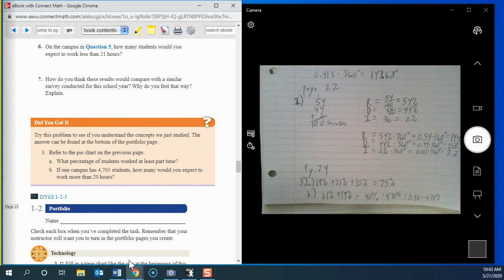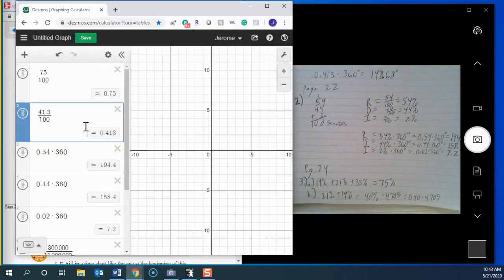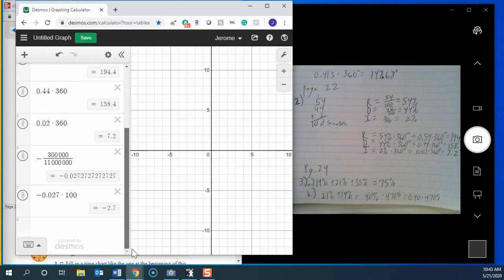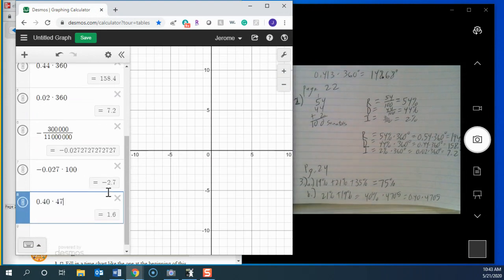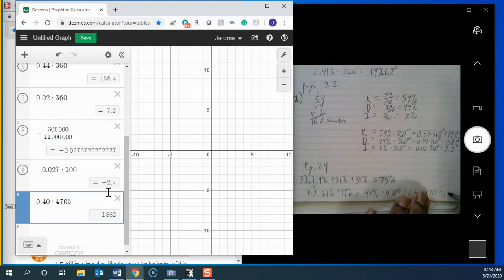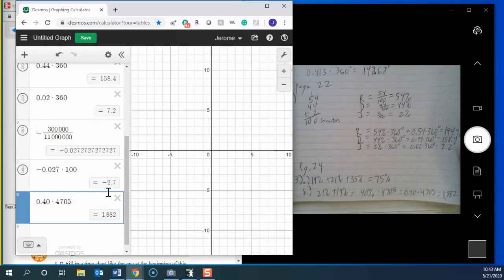So we will put that in our calculator. So we had 0.40 times 4,705. So that would give us 1,882. And that is the final answer.